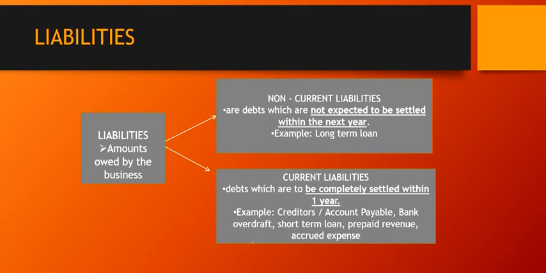So now let's go to the liabilities. What is liabilities? Liabilities is the amount owed by the business. As I told you, liabilities can be classified into non-current liabilities and current liabilities. So what are non-current liabilities? Non-current liabilities are debts which are not expected to be settled within the next year. For example, long-term loan.